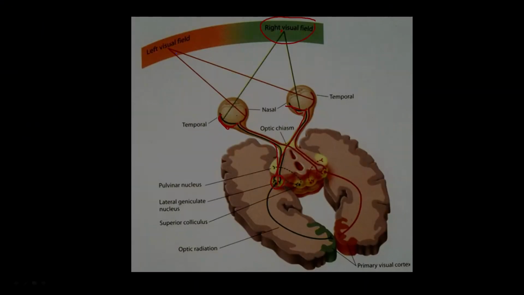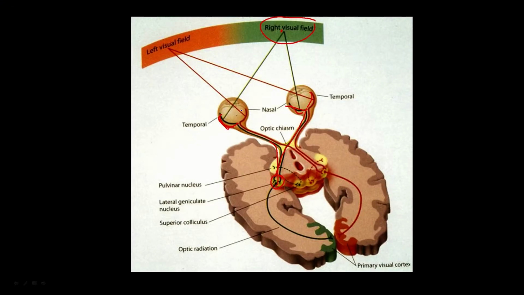So the left side of your brain is looking at the stuff over here on the right in both of the eyes, okay? And likewise, the right side of my right eye and the right side of my left eye, which is looking at the stuff on the left-hand side, is projected to the right-hand side of my brain. And so just the same way that your sensation on your right arm is in your left brain, the sensation in your right visual field is at your left brain.